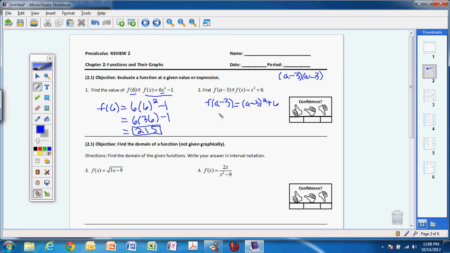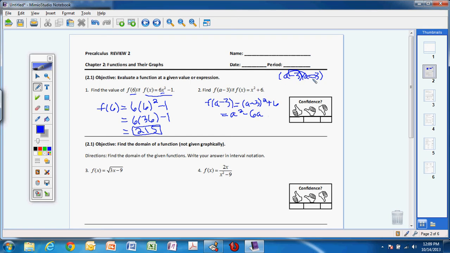So when I simplify this, we're going to get f of a minus 3 equals, remember, it's going to be first, so I'm going to go a times a, which is a squared, and then outside, which is a times 3. So in this case, I'm going to get negative 3a minus 3a, which is going to be minus 6a total.